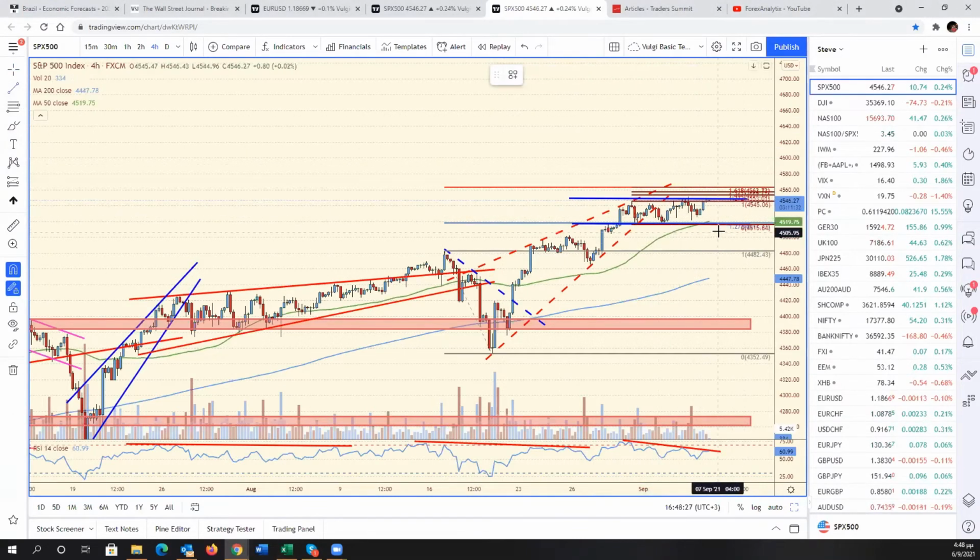And then the next upside target is, what is it? 45.80, more or less. And support clearly at 45.16. And I think the bias chart is done.